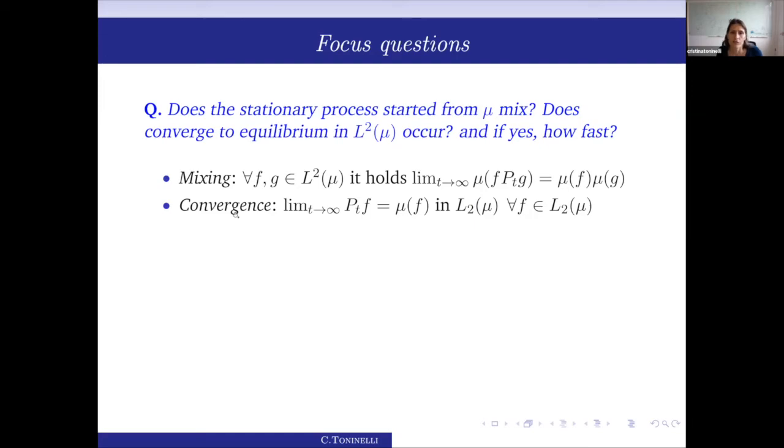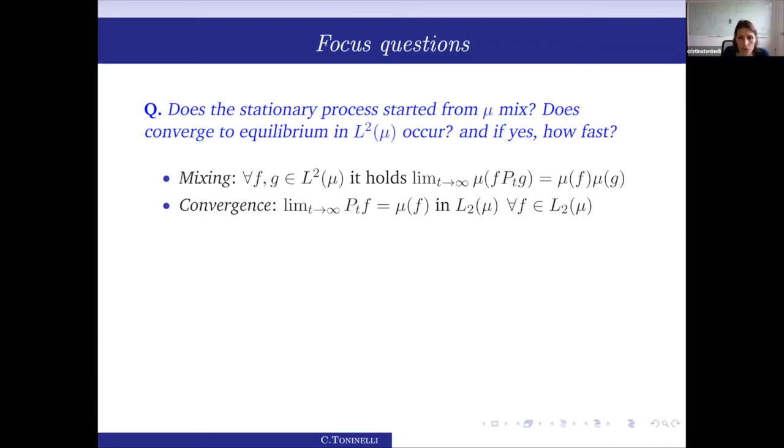Second question, of course, if mixing occurs, how fast does it occur? And another question, if mixing occurs, does a stronger property, convergence to equilibrium in L2, also occur, where convergence in L2 means that for any function f in L2, the function obtained by applying the semigroup to f converges in L2, in the infinite time limit, to the mean of f?